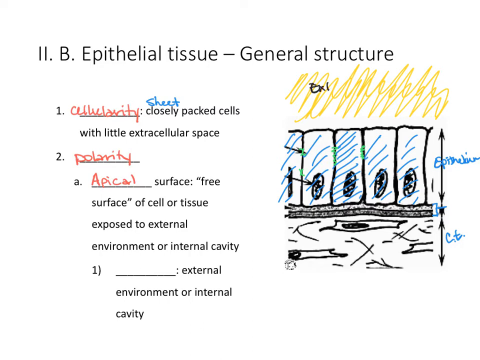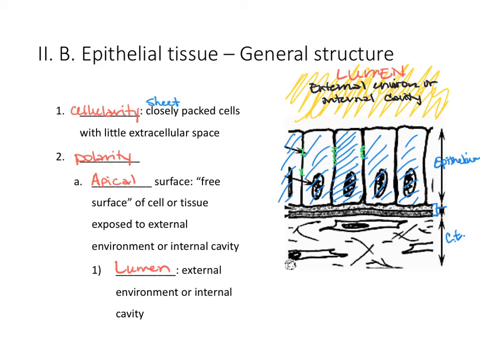It may be the internal body cavity. And we're going to give that area a fancy name. We're going to call it the lumen. So the lumen here is the external environment or the internal cavity, depending on what we're talking about.